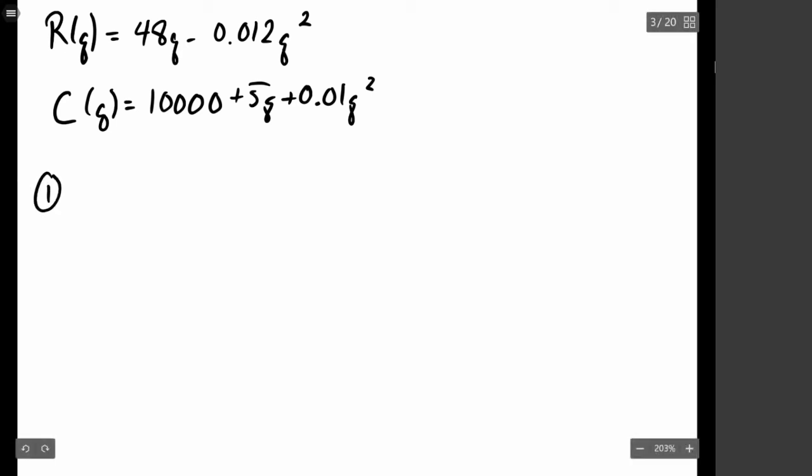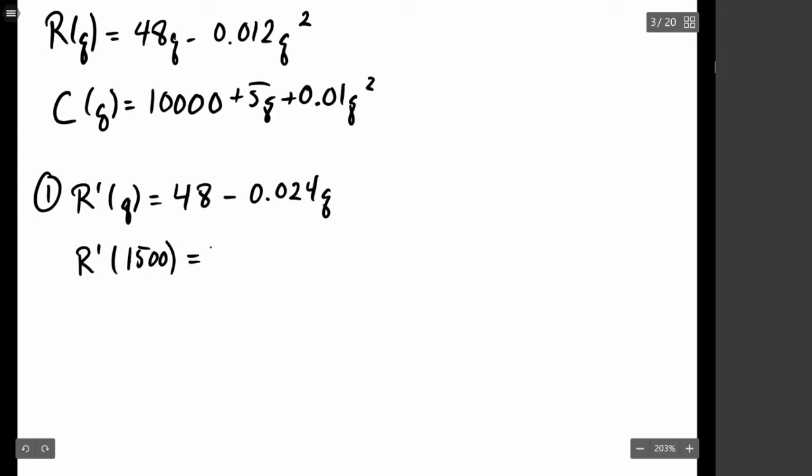The first part of this question asks what's the marginal revenue at producing 1,500 chairs? So we first want to compute the marginal revenue, which is 48 - 0.024Q. And so the marginal revenue to produce 1,500 chairs is 48 - 0.024 times 1,500.